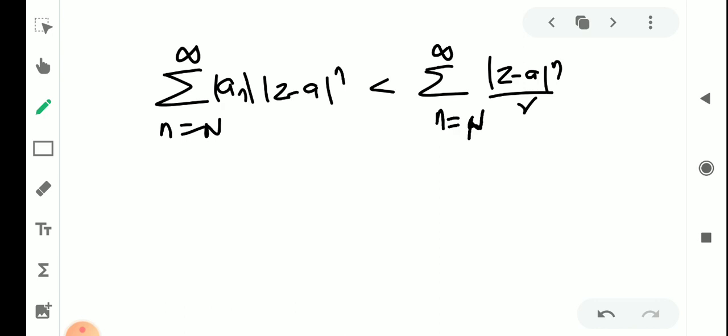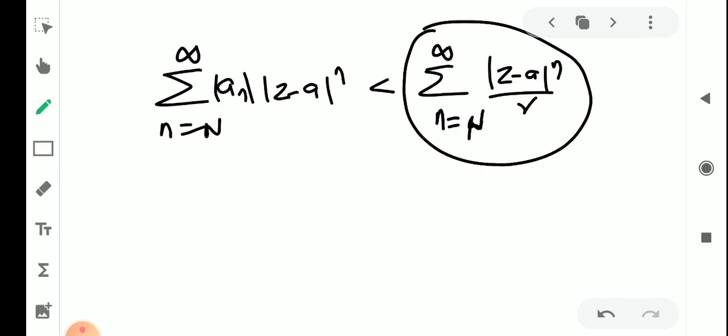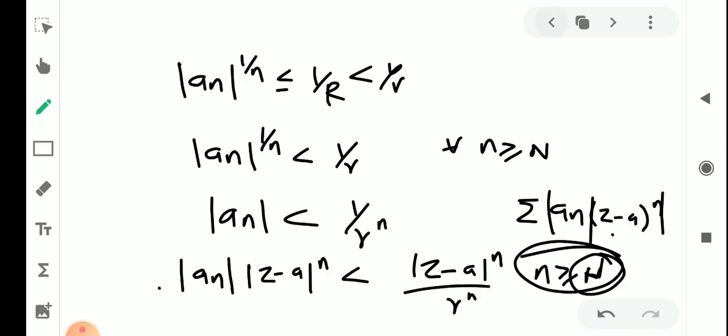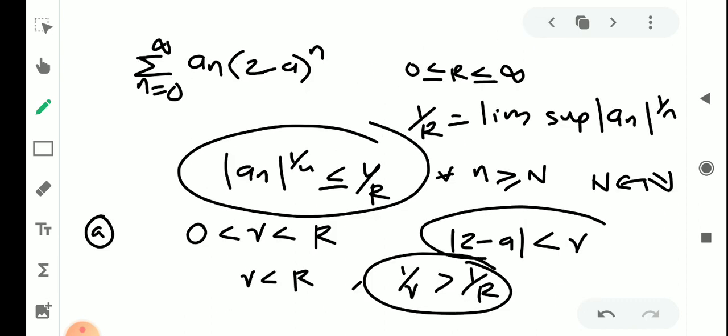Now we consider the series on the right side. It is a geometric series with the common ratio mod z minus a divided by r, modulus of z minus a by r. And we know that mod z minus a is less than r, therefore mod z minus a by r is less than 1.